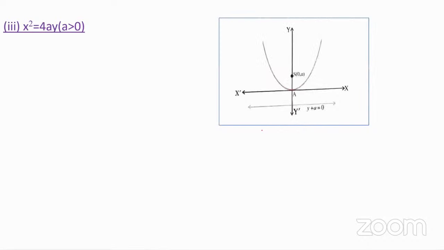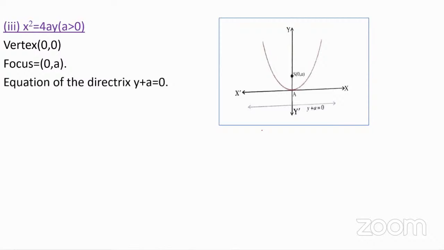The diagram lies in the first and second quadrants. The vertex is 0 comma 0 and the focus is 0 comma a, because it lies on the y-axis, so the x coordinate should be 0. The equation of the directrix is y plus a equal to 0, and the axis of the parabola is x equal to 0.